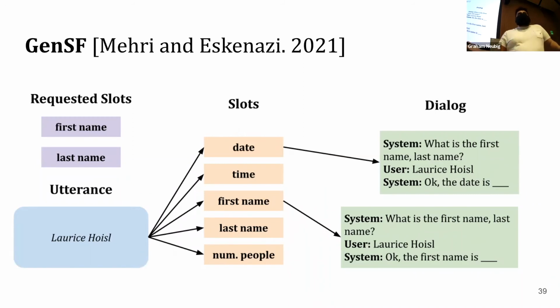So I took DialoGPT, which, as we saw earlier, achieves quote unquote human-level response generation. And I took task-oriented slot filling and tried to reformulate it into a response completion task. So if the dialogue is something like, what is your first name, what is your last name? And then they give Loris Heusel, I'm not sure how to pronounce that.